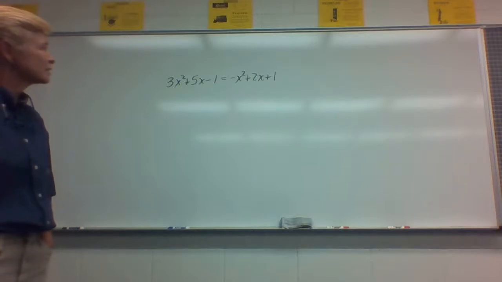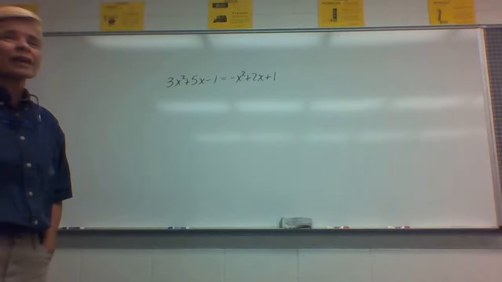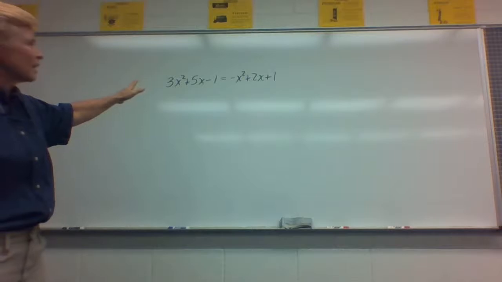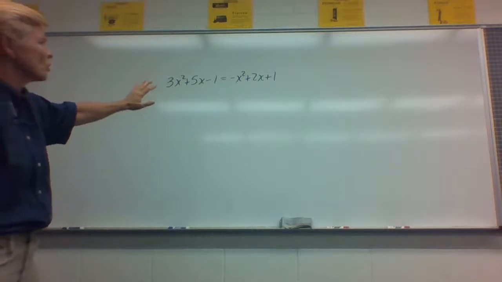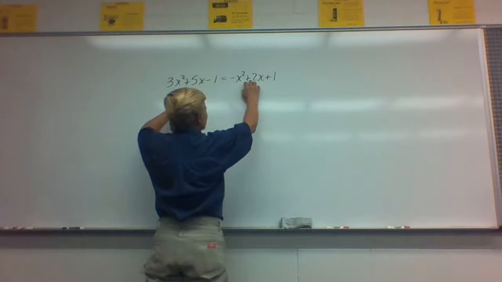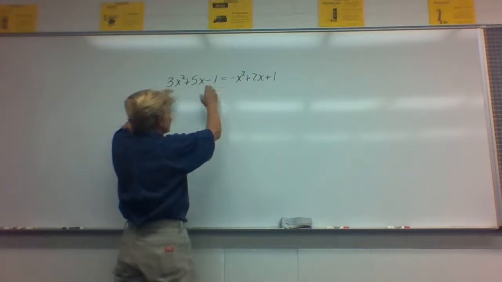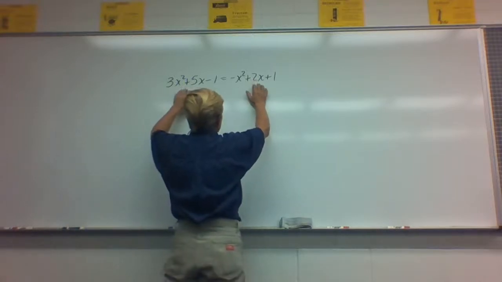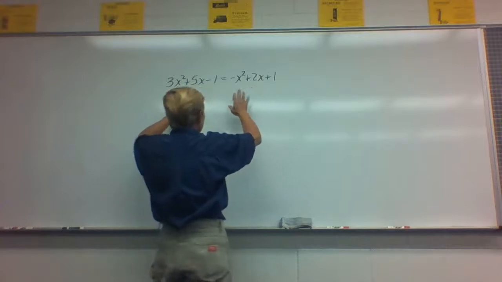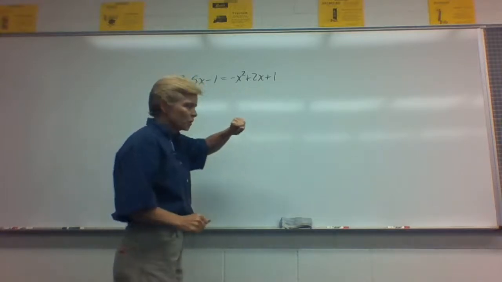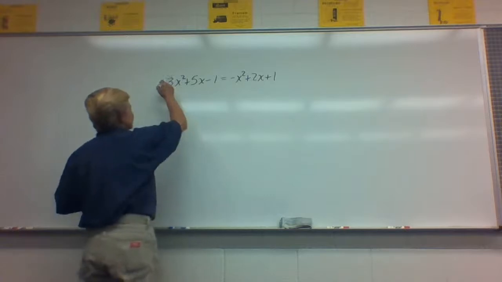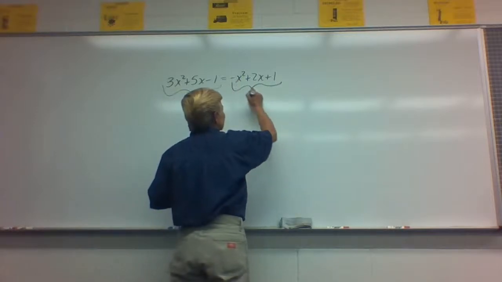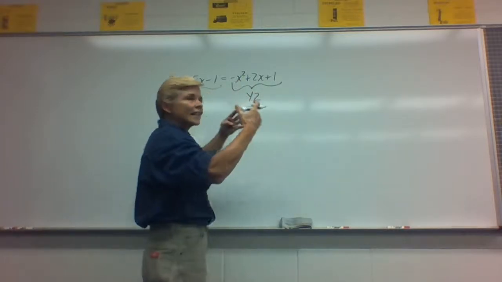And the cool thing about this is you can do this with any equation. If the left side and the right side are really ugly and awful to have to work with algebraically, and these aren't that bad, I mean, we could bring all of these over here and we could have one quadratic and find it. But if you've got a left side that's really gross and combining them together is going to take a heck of a lot of work, what you can do is graph this side in y1 in your calculator and graph this side in y2 so that you're forcing a y into the situation.